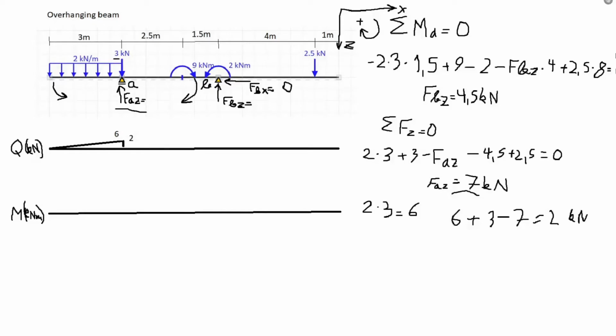So next we have nothing until our second support, which gives us the reaction force FBZ, which gives us a positive shearing within the beam. So minus 2 plus 4.5 will give us plus 2.5 shear force.